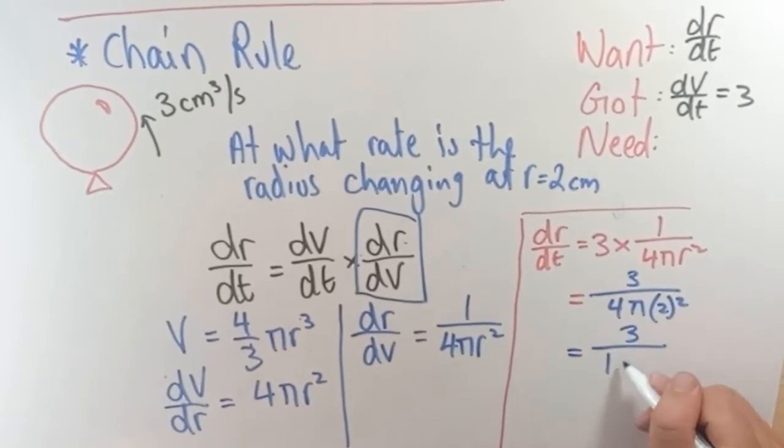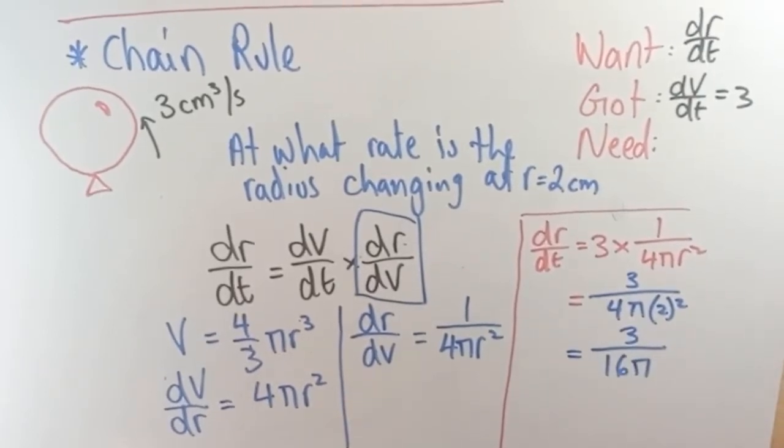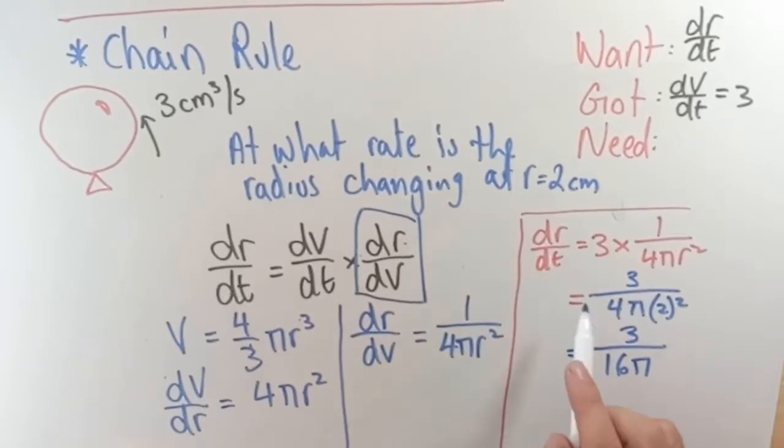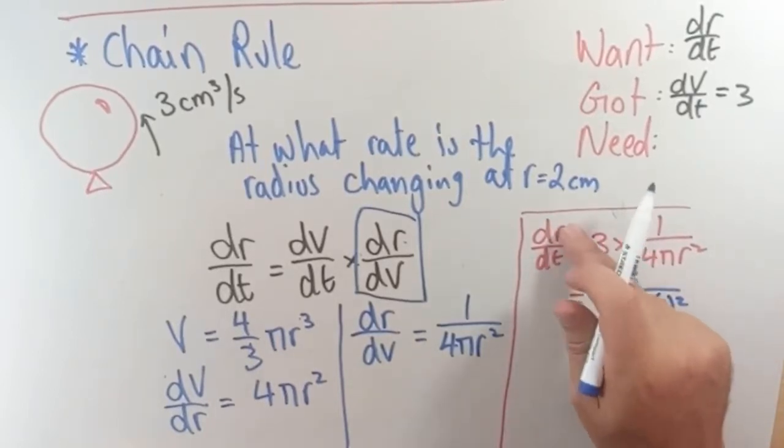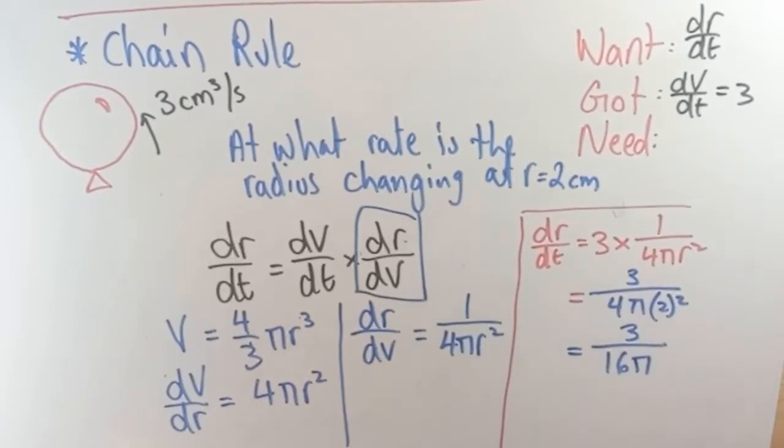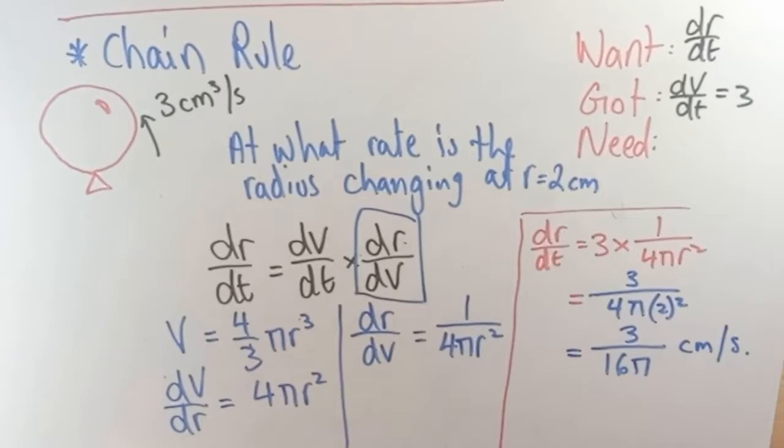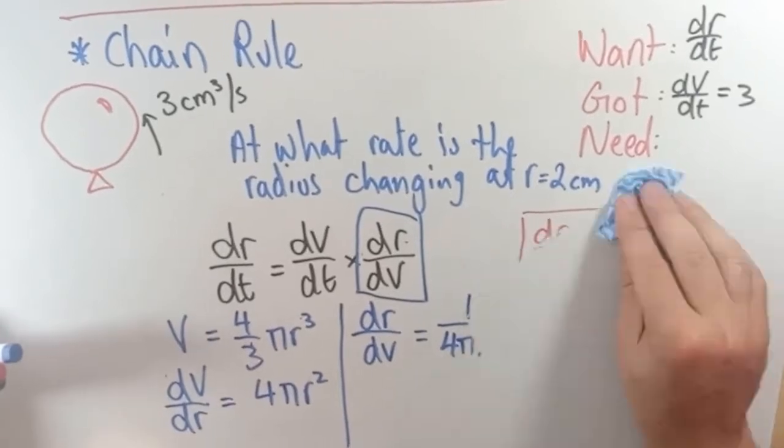So 3 on 16 pi. What are the units? For dr/dt, radius is in centimeters and t is in seconds, so I've got centimeters per second. That's it. Job done. So that's the first related rates problem that we've done.